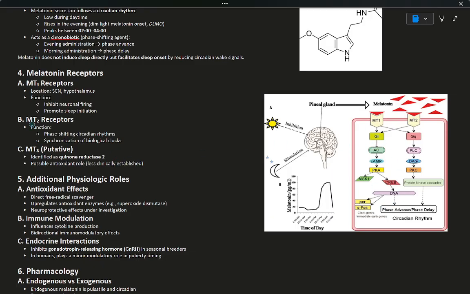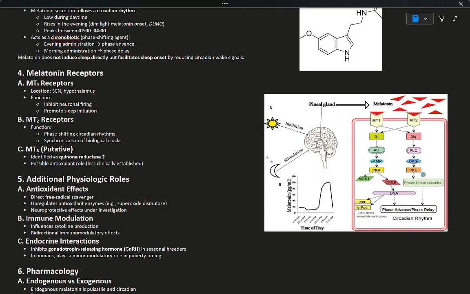Then we have the MT2 receptor, or the melatonin 2 receptor. This receptor's function is to induce phase shifting of circadian rhythms and also the synchronization of biological clocks.